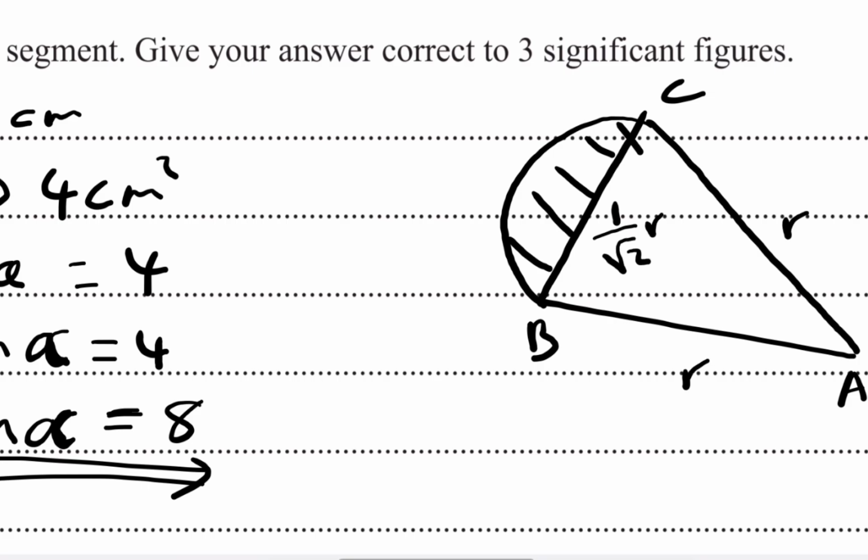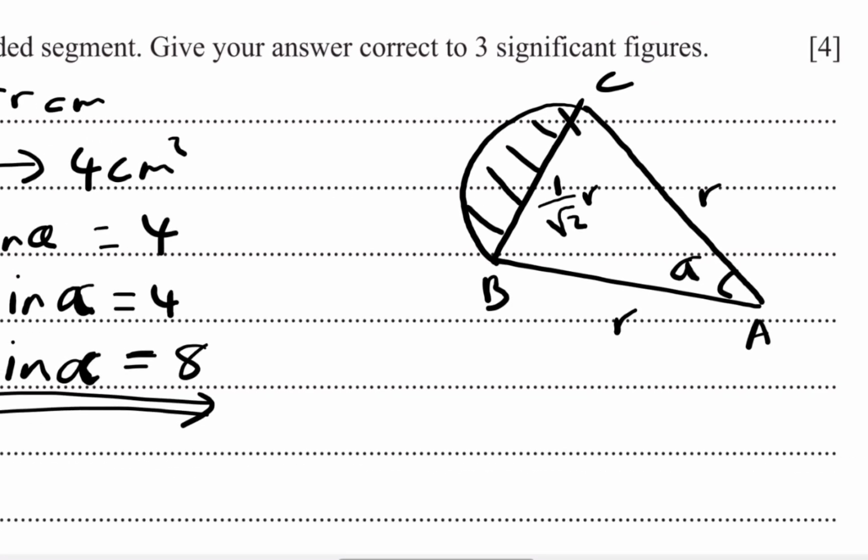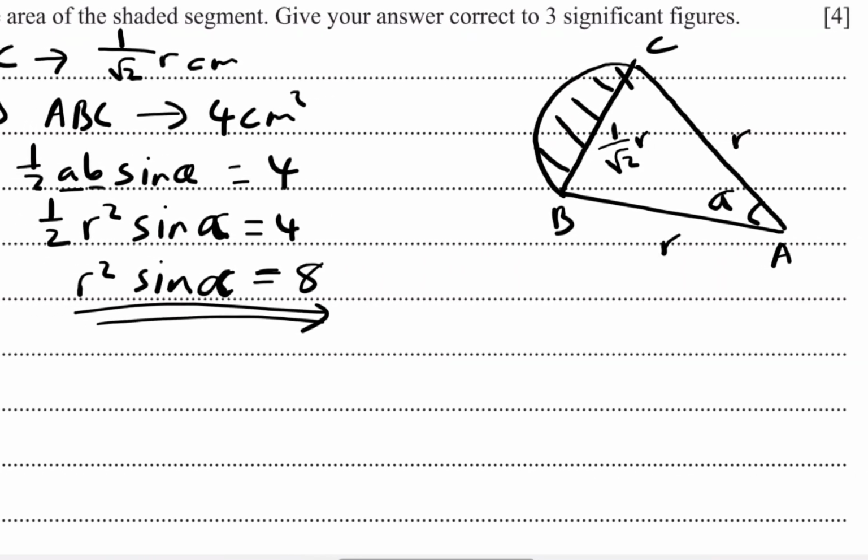This is r, this is r, and this is alpha, like that. So for us to be able to connect the side BC and the angle alpha, which is at A, we can use the cosine rule, right?